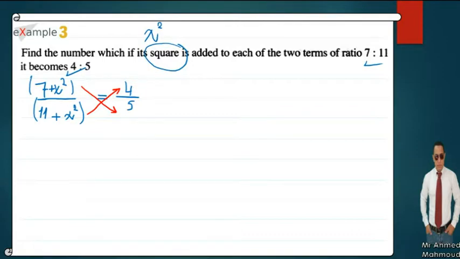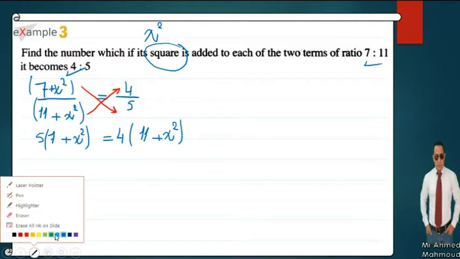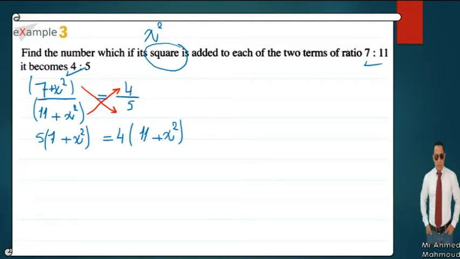Okay, and then I will simplify this one like this. 5 multiplied by 7 plus x² equals 4 multiplied by 11 plus x². I will distribute like this: 5 times 7, and here 5 times x², 4 times 11, 4 times x².